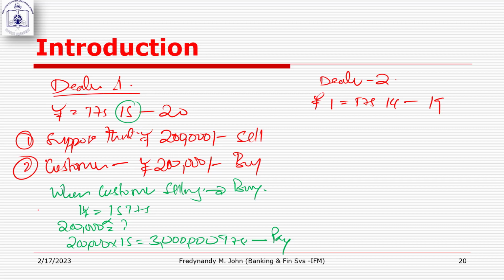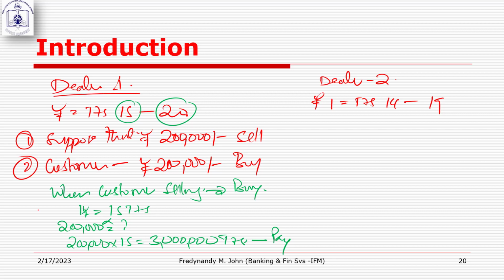Now, right after buying this Japanese yen, immediately another customer shows up with an intention of buying 200,000 Japanese yen. That means dealer 1 will have to sell.